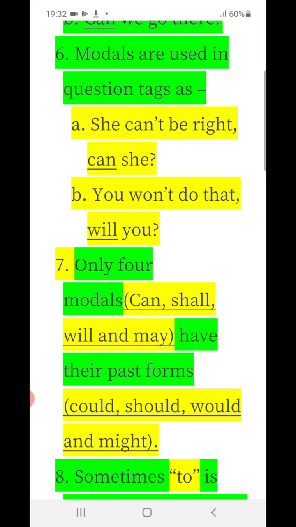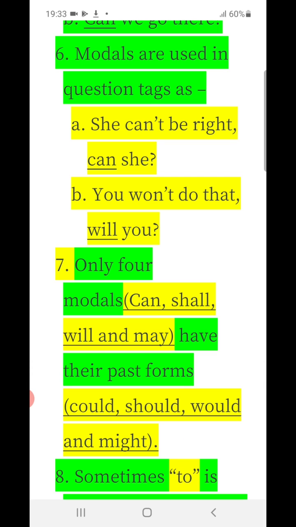So here basically can is the modal verb. And in the second question, will is the modal verb, where they are basically used as question tags.